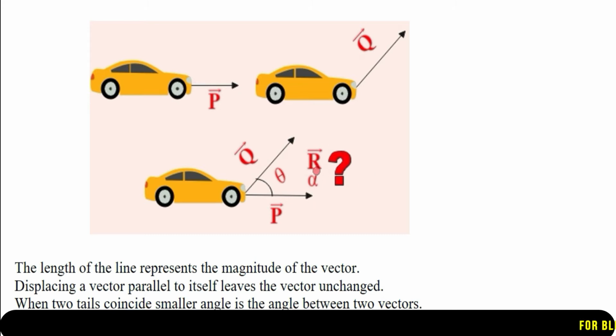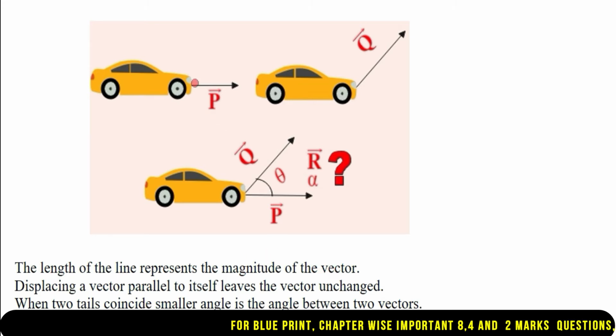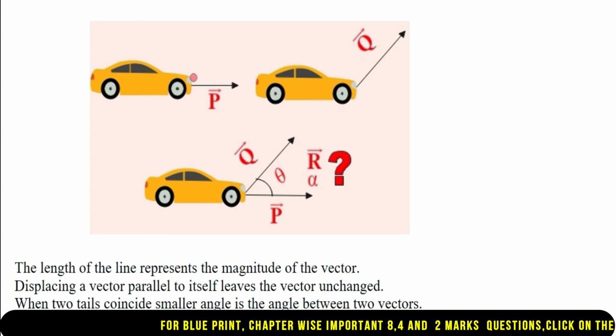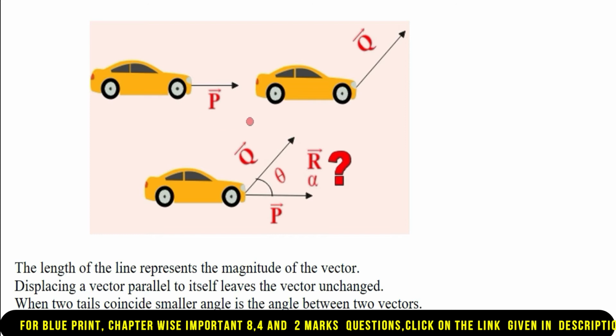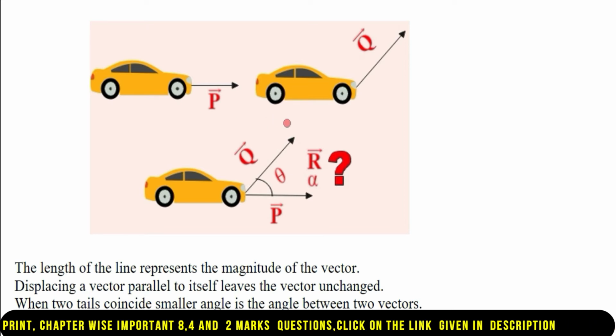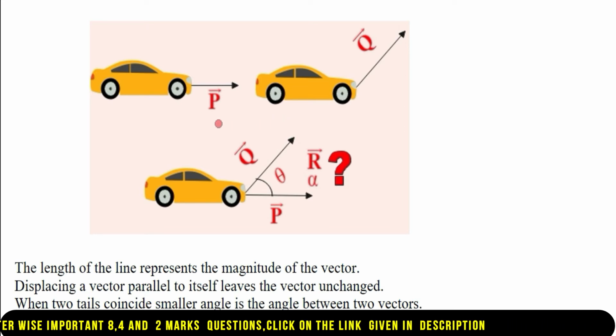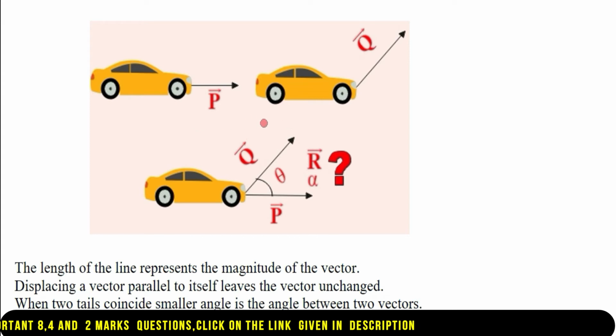Okay, to make this concept still clear, you should know three other points. What are those three other points? The first point is, the length of the line represents the magnitude of the vector. Means if you take this as a vector, the length of this line represents the magnitude. Means now if I draw one more vector whose length is more, that means that other vector's magnitude is more.